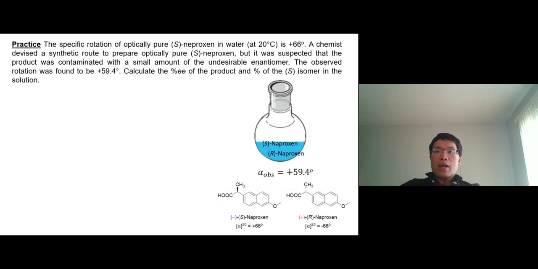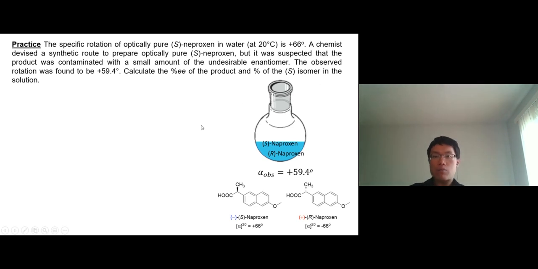Let's say you see this on the quiz. The specific rotation of S isomer is plus 66. A chemist tries to synthesize S-naproxen, and the observed rotation is found to be plus 59.4 degrees. Calculate the percent EE of the product and the percent of the S isomer in the solution. Let's start with the percent EE first.